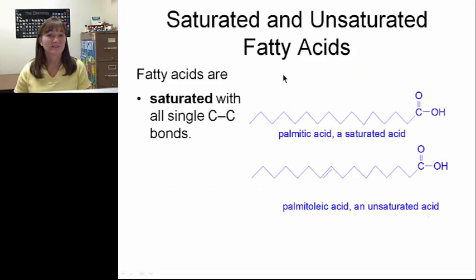Saturated and unsaturated fatty acids. So saturated have only the carbon-carbon single bonds. So notice we have this little zigzag here. This is a shorthand way of showing all of those CH2 groups. So every point here on this zigzag is a carbon with two hydrogens bonded. So it's a CH2.